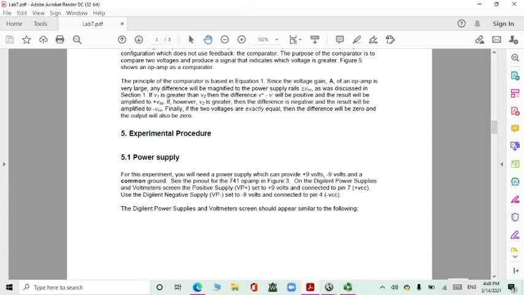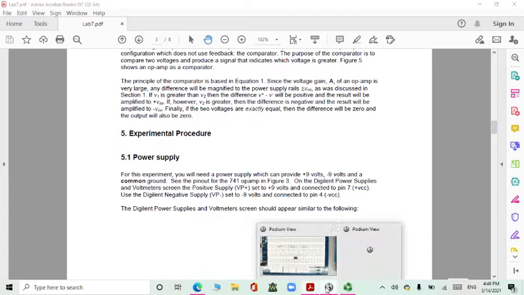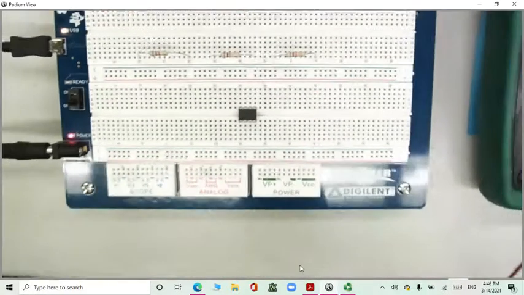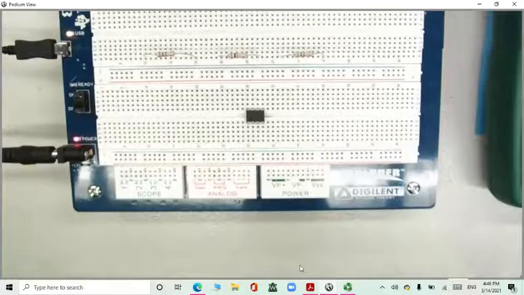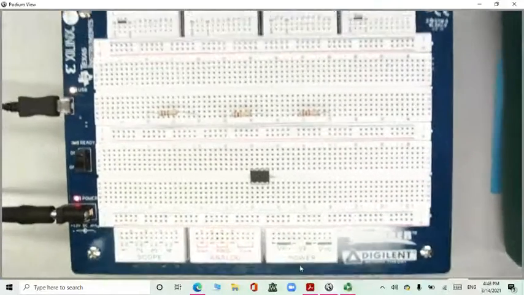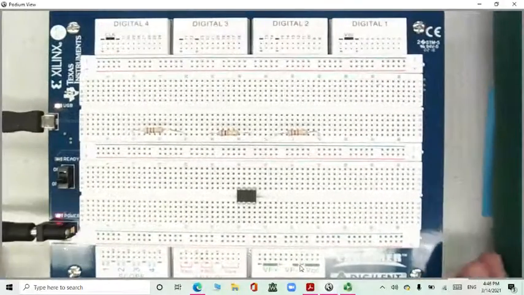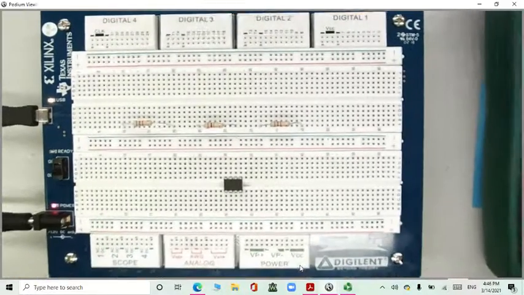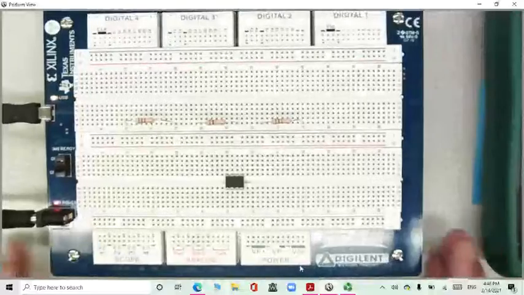Now let's start building our circuit. But as in any experiment, we should start by measuring our resistors.